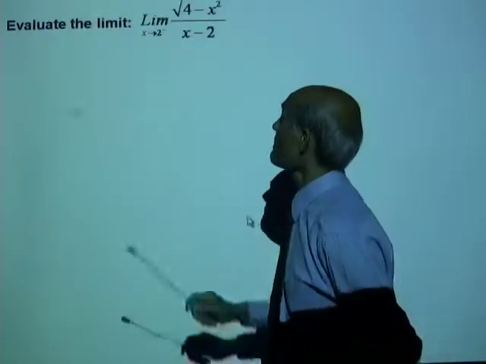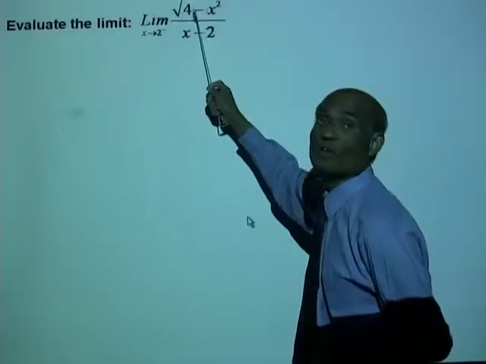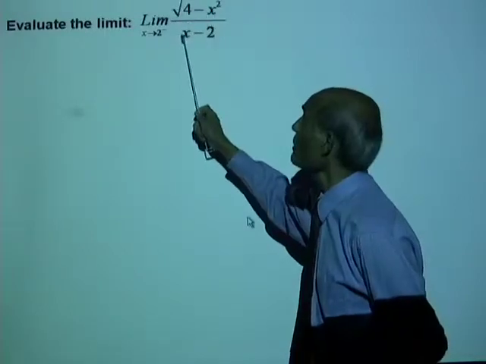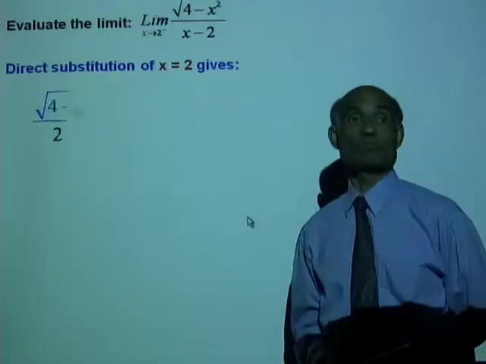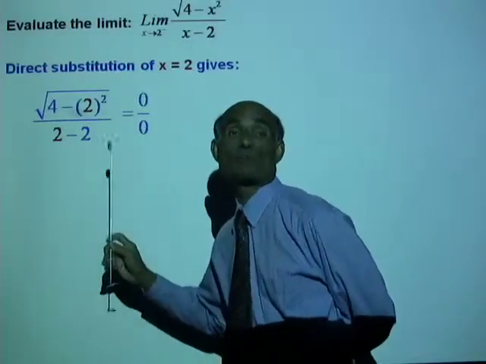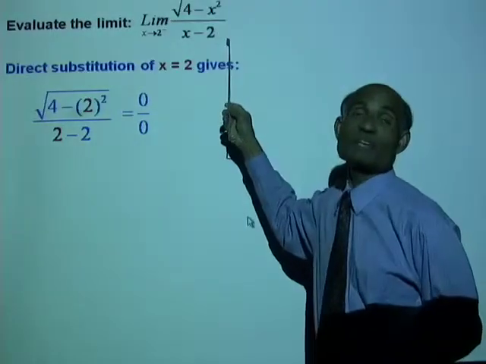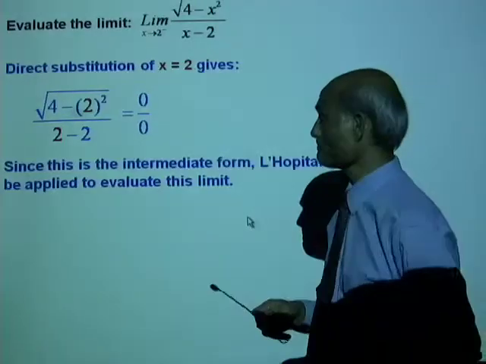Okay, try this. If you replace your x by 2, you get 4 minus 4, which is 0, and 2 minus 2, which is 0. That will be 0 over 0. There you go. That is the indeterminate form. That means this limit can be evaluated by using L'Hopital's rule.